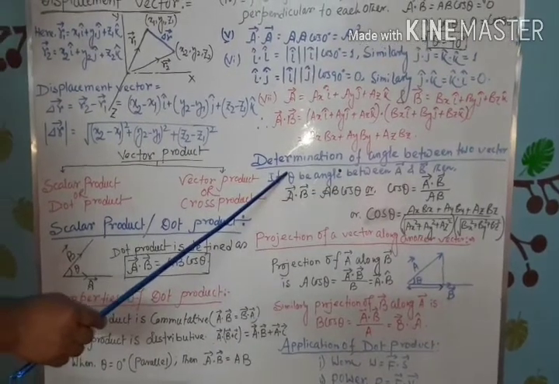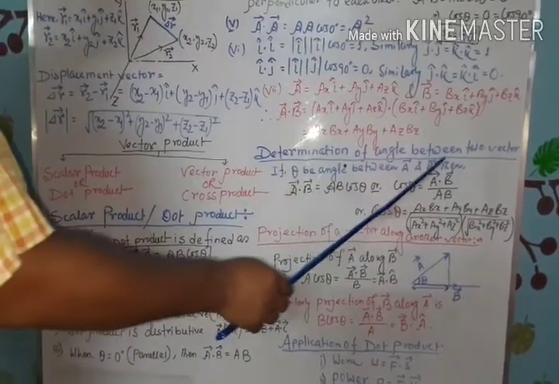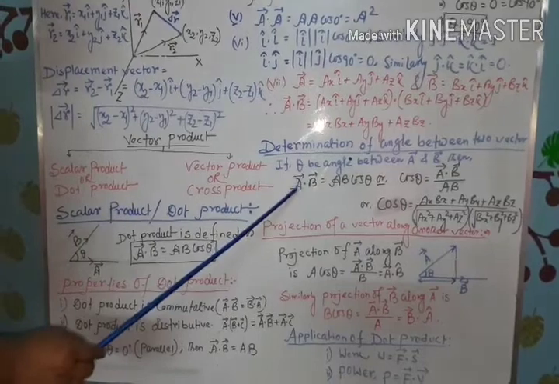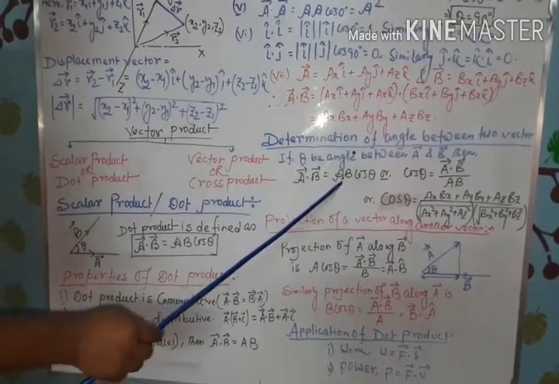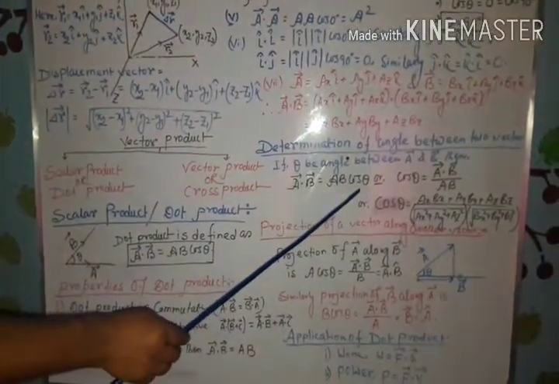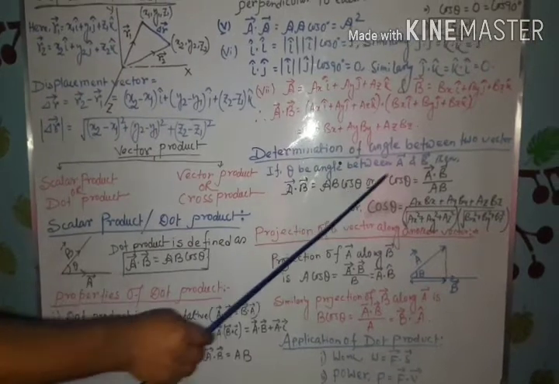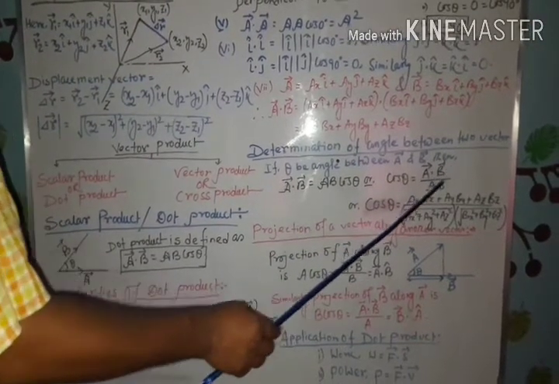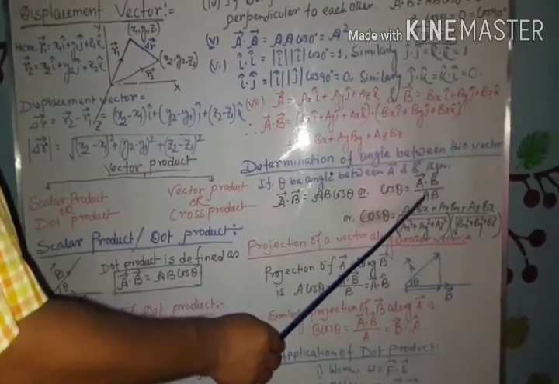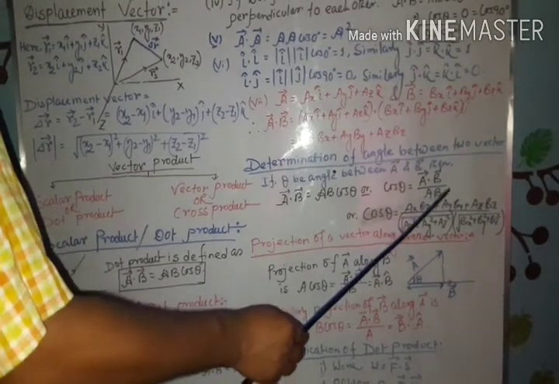So what is the process? From the definition of dot product, we can write A vector dot B vector equals AB cos theta. From here, cos theta equals A vector dot B vector divided by AB, where A is the mod of A vector and B is the mod of B vector.